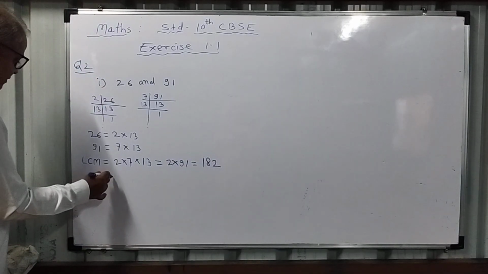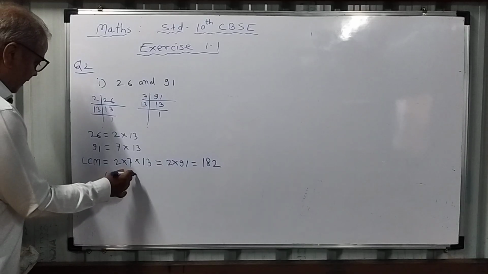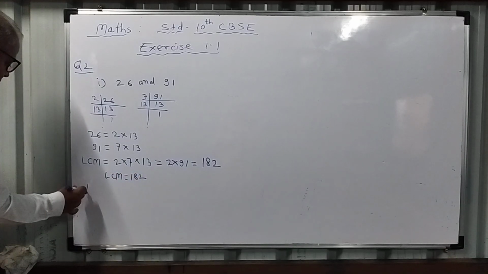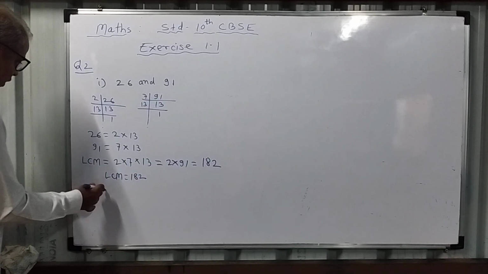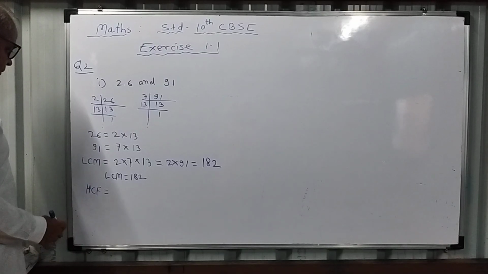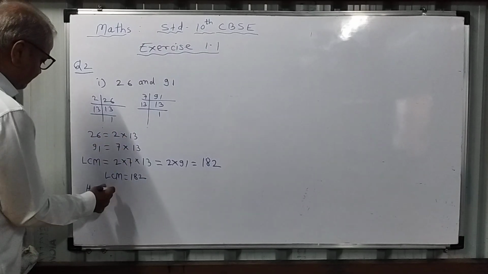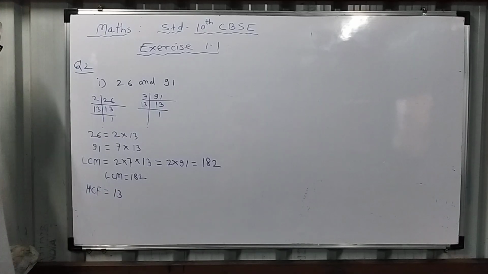So LCM is equal to 182, and HCF is all common factors with least power. The common factor is only 13, so 13 is the HCF.